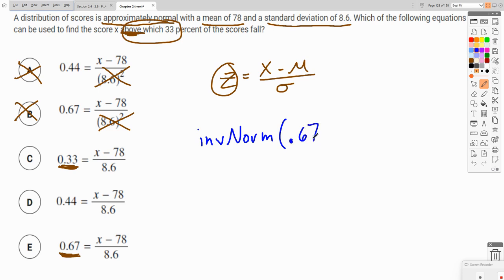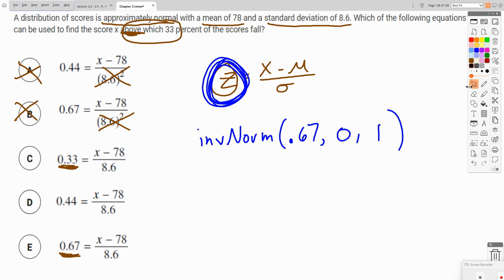So if I did inverse norm of 0.67, some people would go, we know the mean and the standard deviation, so let's do 78 and 8.6. You could do that, but what you get is the actual score at the 67th percentile, and we don't want the actual score. We want the z-score, so we need to use 0 for the mean and 1 for the standard deviation.